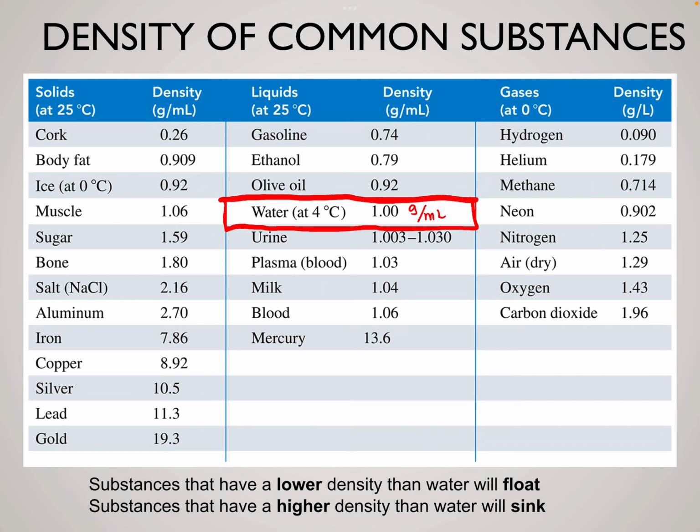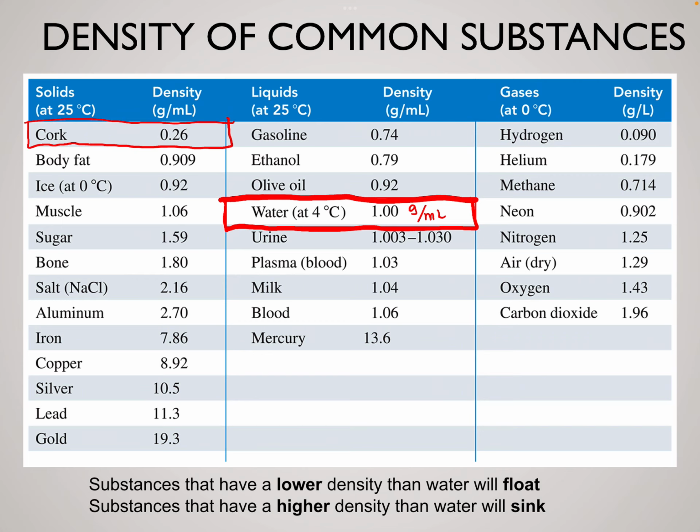One thing I want you to know, though, is substances that have a lower density than water will float. So let's say we opened a bottle of wine and we have this cork. If we put the cork in water, it floats because its density is lower than the density of water.